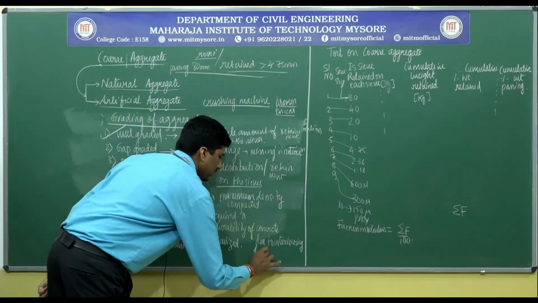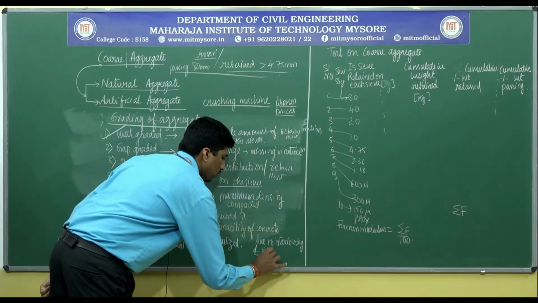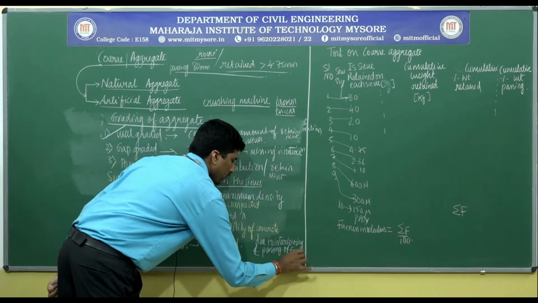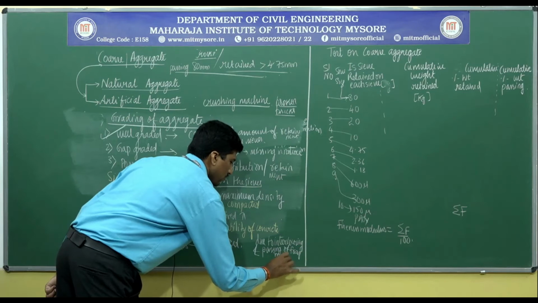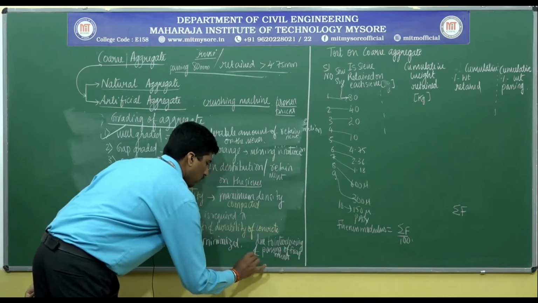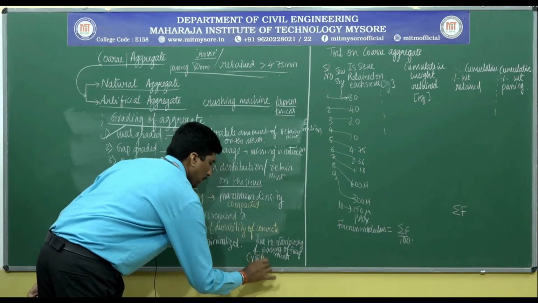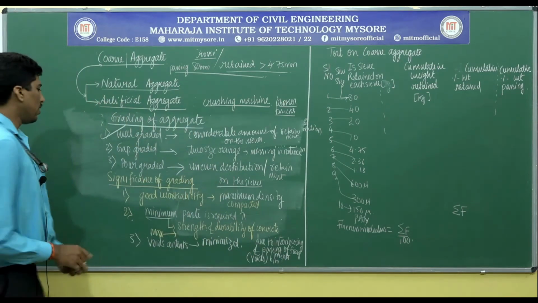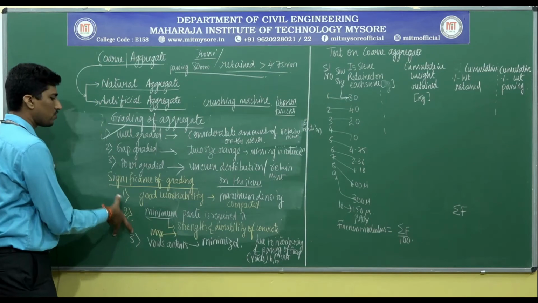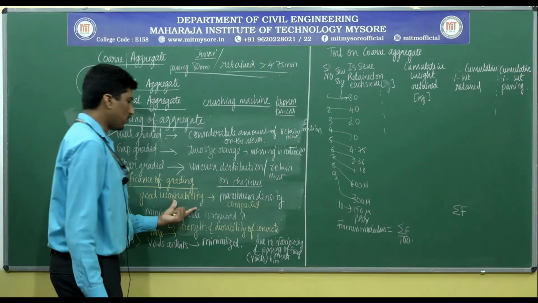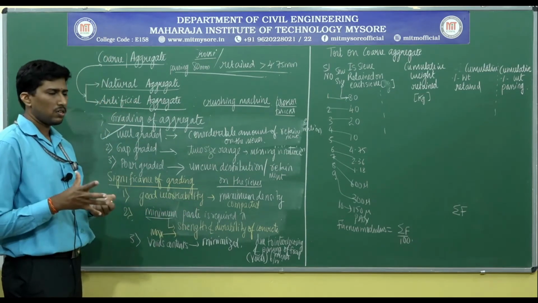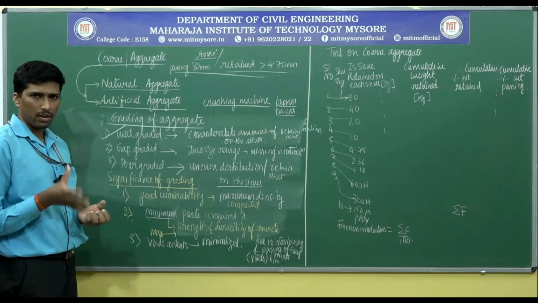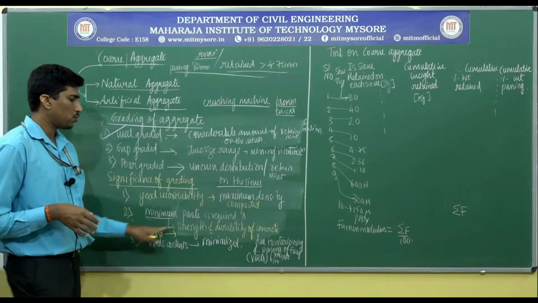And passing of smaller fragments in between the voids content. Okay, these are all the significance where it has a good workability with the maximum density upon the compaction. Minimum paste is required when it is completely compacted due to what?